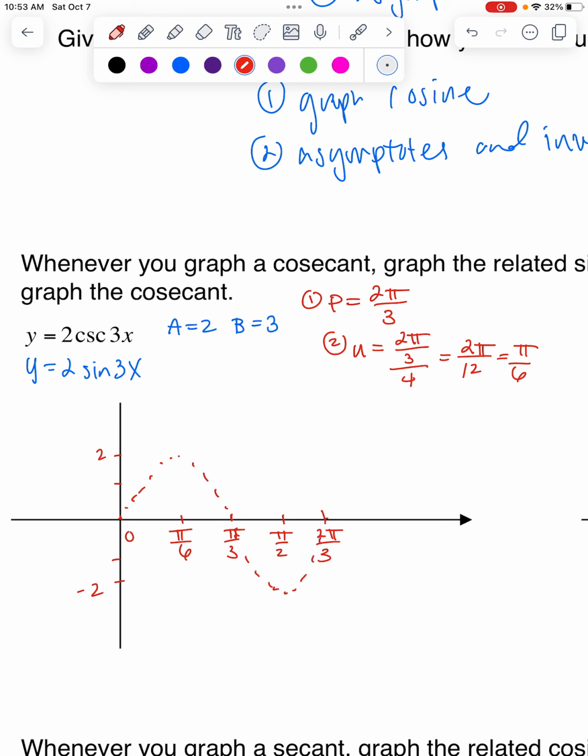Okay, remember we have our asymptotes. Now we're going to graph our cosecant graph. We have our asymptotes at 0, pi, 2 pi, and so on. So here's my first asymptote. There's my second. And there's my third.